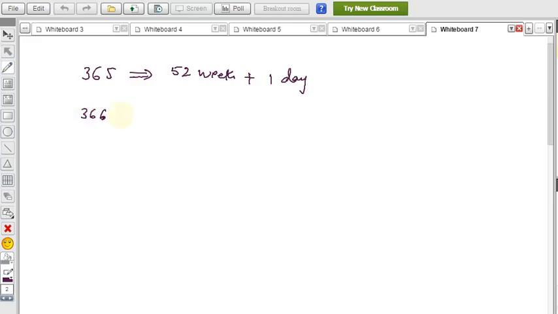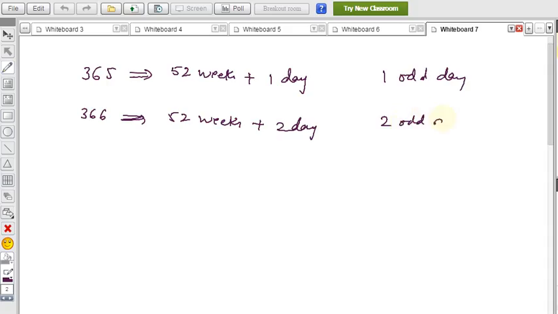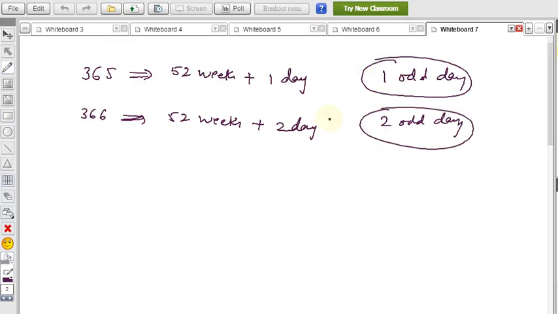If it is 366 days, a leap year, 52 weeks, along with that we have 2 extra days. So for a non-leap year, one odd day, and for a leap year you can take 2 odd days. Just remember, non-leap year has one odd day, leap year has 2 odd days. It may be any day.